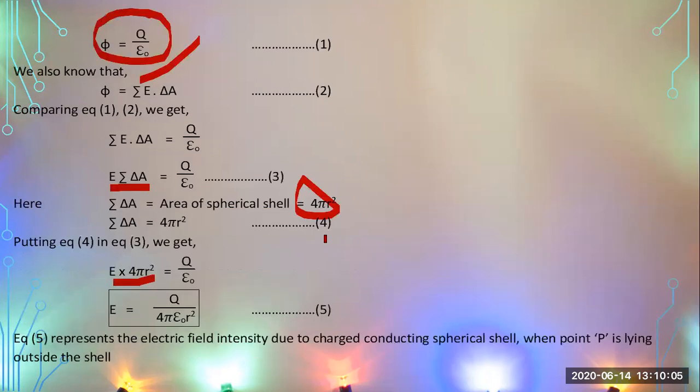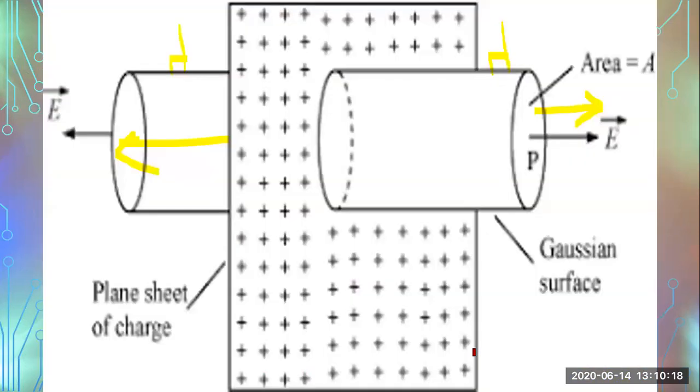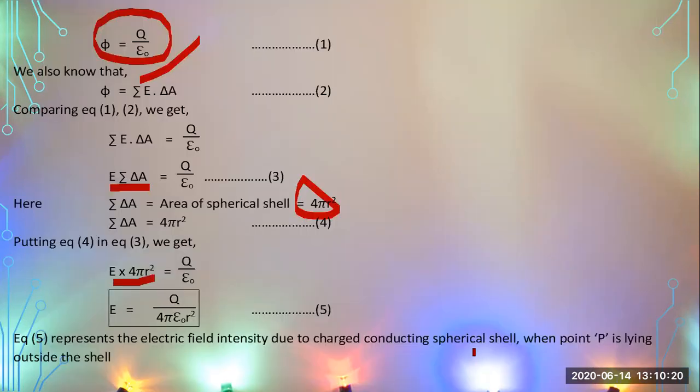So equation 5 represents the electric field intensity due to a charged conducting spherical shell when P is lying outside the shell. This is the formula to calculate electric intensity.